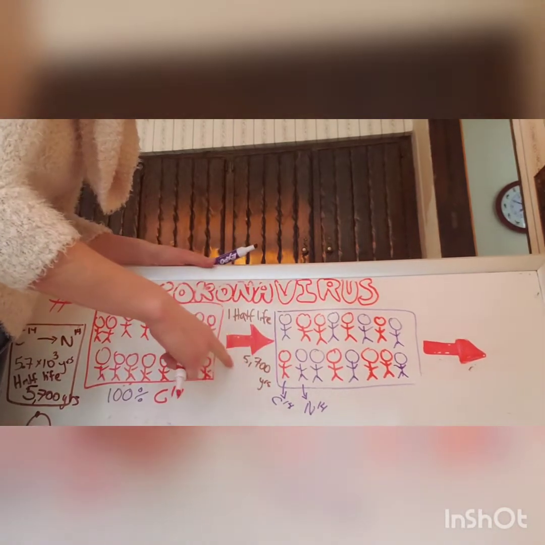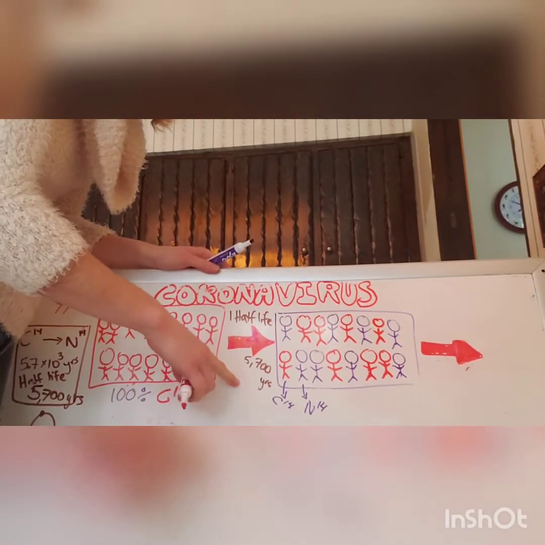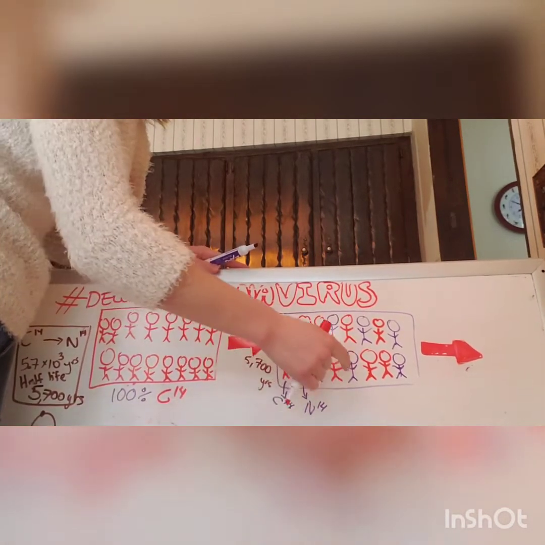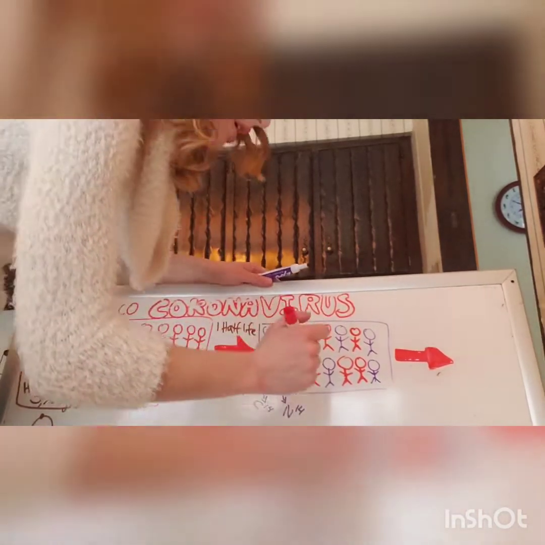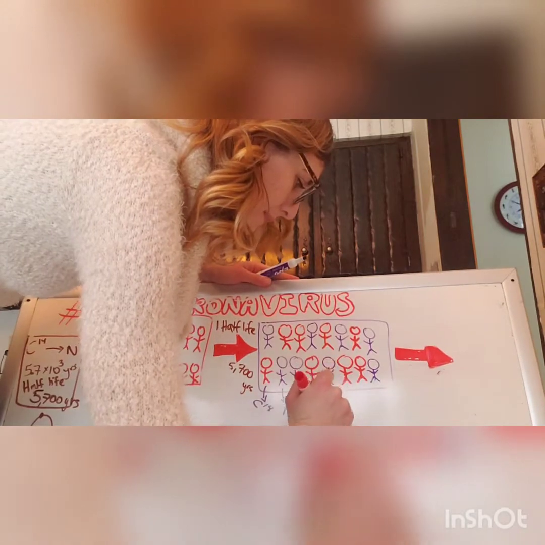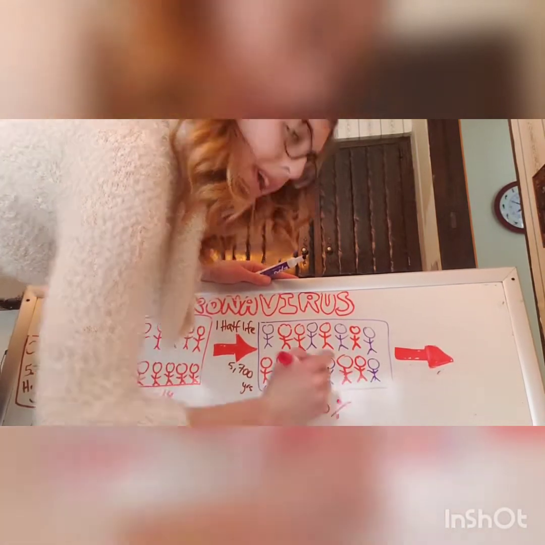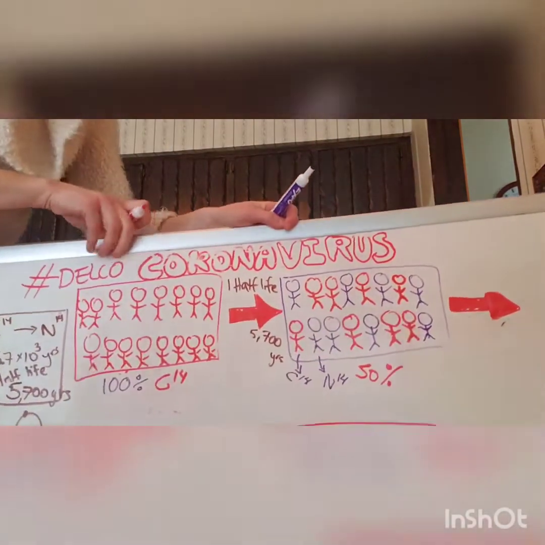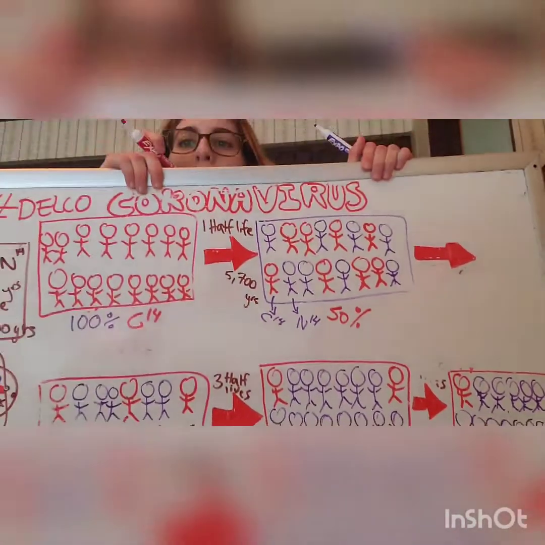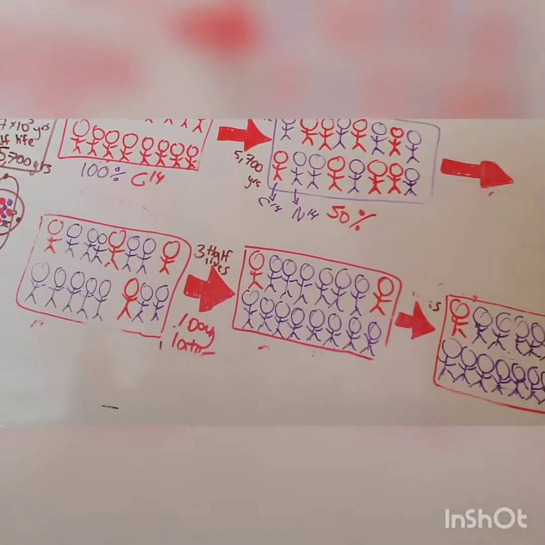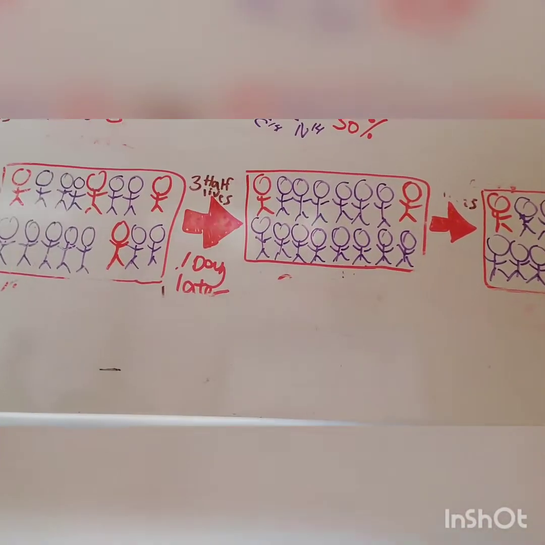Well, we said that one half-life went by. So half of my carbon-14s turned into nitrogen-14. So now I have 50% of carbon-14.